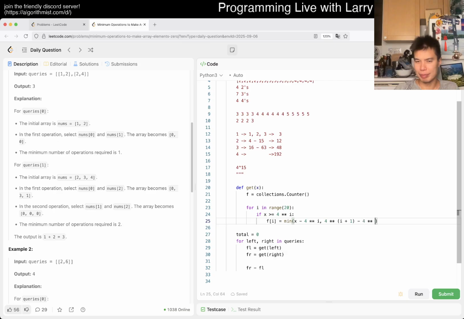That's what we were saying. So for 1, then this would be 3, hopefully. And then this is just, yeah, right? I think this is right, maybe.